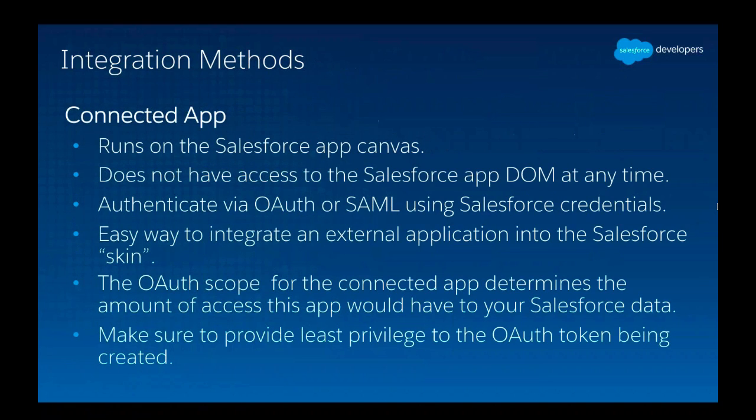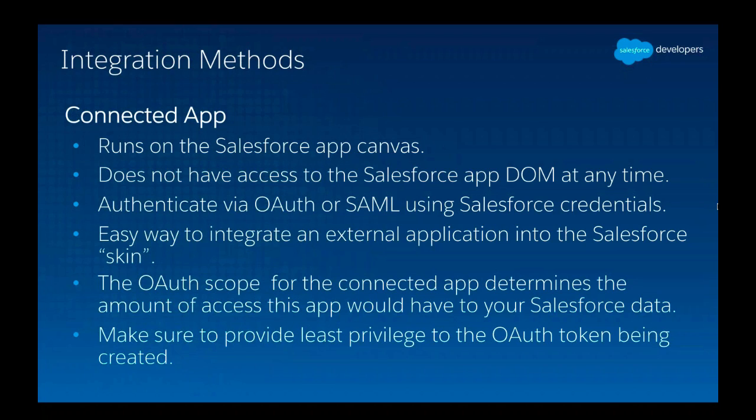So, connected apps. Connected apps run on the Salesforce app canvas. That's one of the ways we integrate external applications within the Salesforce platform in a more secure way. From a security point of view, one advantage of using a connected application is that you do not grant access to the Salesforce DOM.